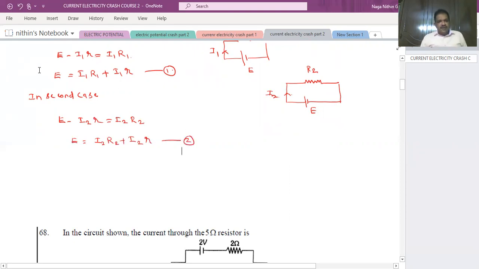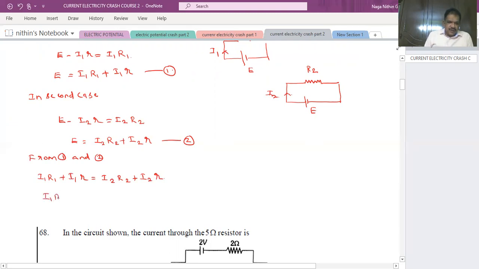And then equate these two E's. From 1 and 2, I1 R1 plus I1 r is equal to I2 R2 plus I2 r. You bring this one to this side, this I1 to this side.